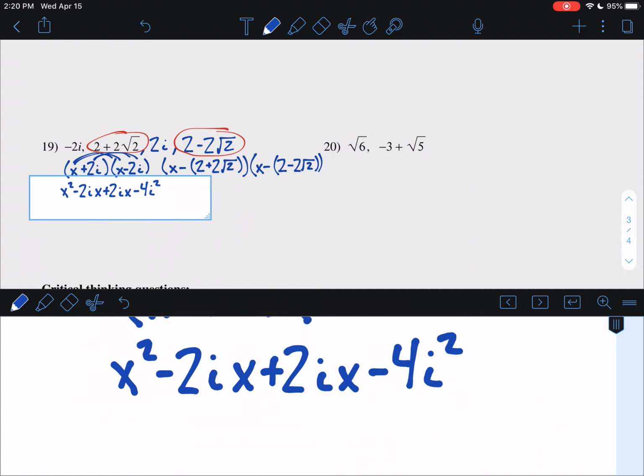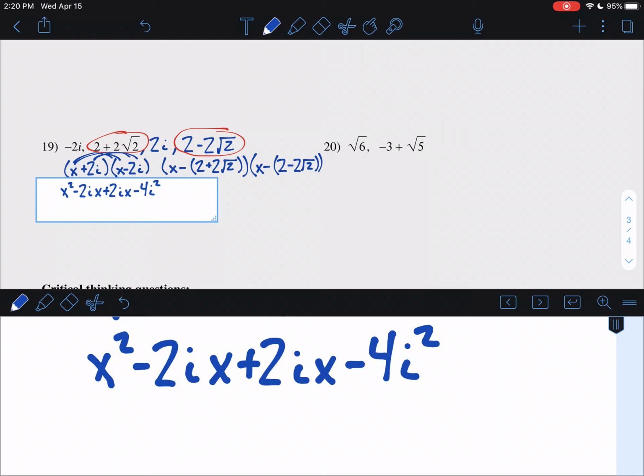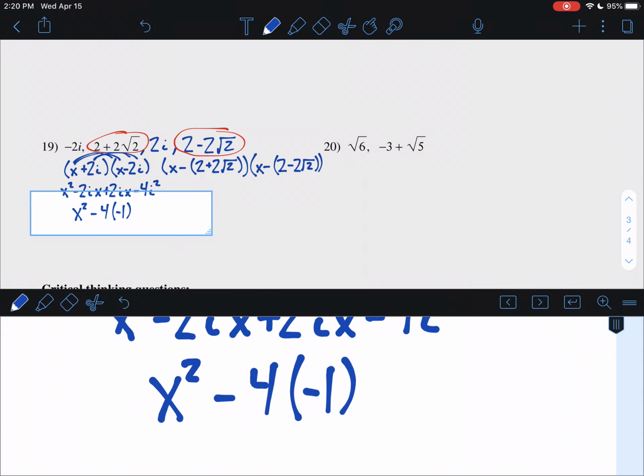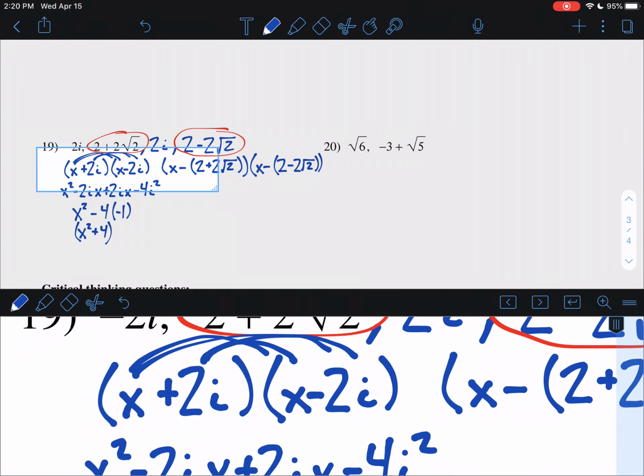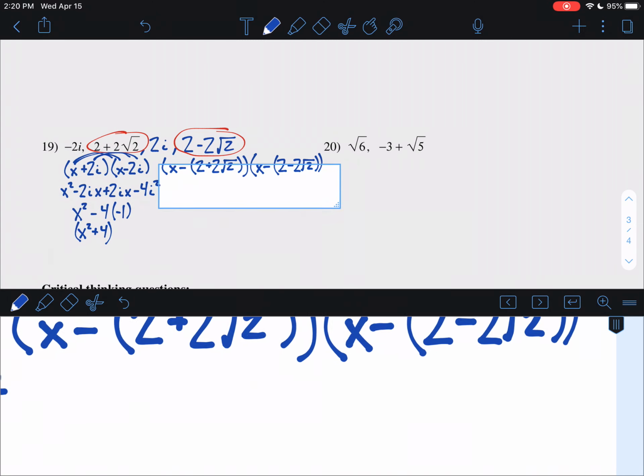So once I simplify, I cancel out my like terms, negative 2ix plus 2ix. I'm going to have x squared minus 4i squared. And remember, i squared is negative 1. So negative 4 times negative 1 is going to give me plus 4, which means this is x squared plus 4. Awesome. So x plus 2i times x minus 2i gave me x squared plus 4.